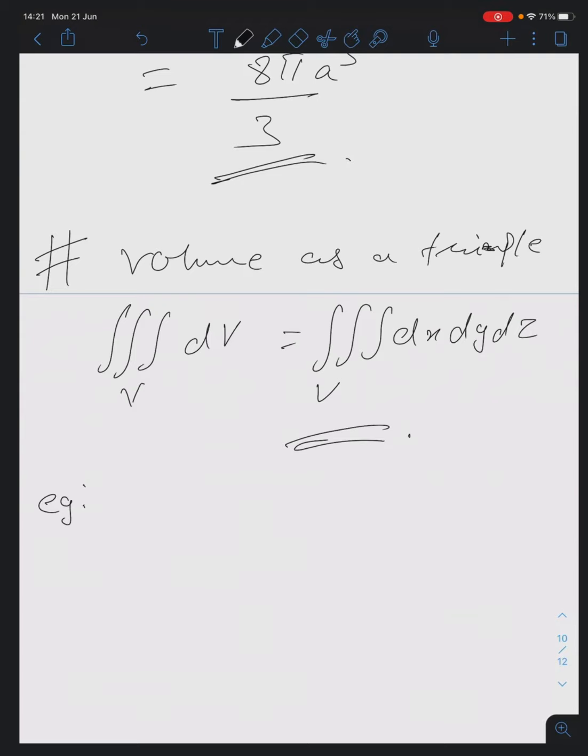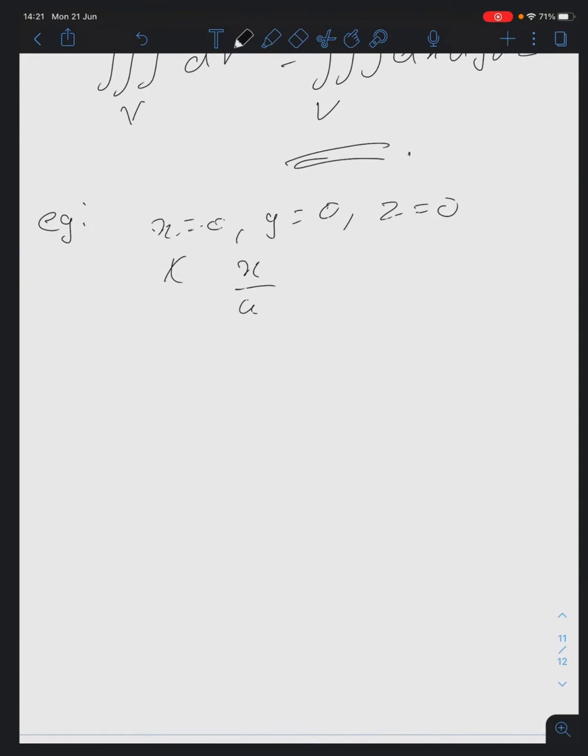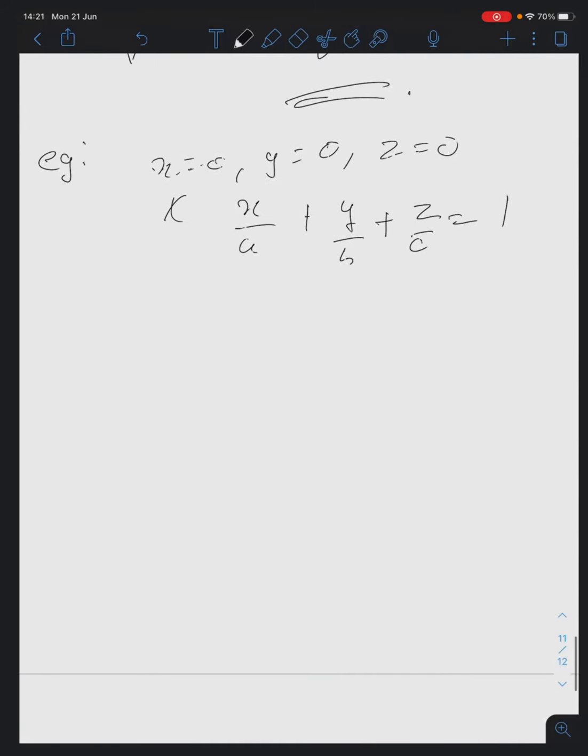Coordinate planes means x = 0, y = 0, z = 0, and the plane x by a plus y by b plus z by c is equal to 1. By using triple integration, the required volume is nothing but the integral of dx dy dz, or whichever order you like.